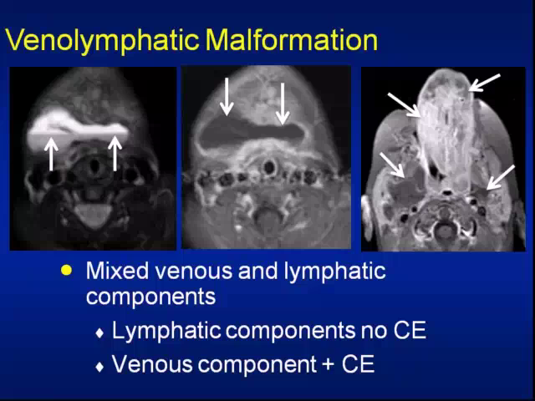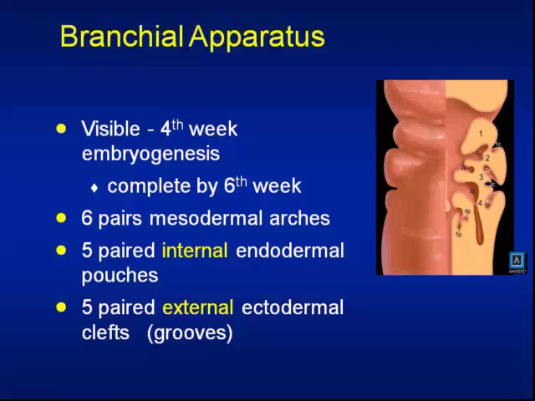He has a few little areas of non-enhancement in the anterior tongue, and then look in both parotid spaces, non-enhancing cystic malformations in lymphatic component in a multi-level transspatial lymphatic malformation with a venous component involving the tongue.